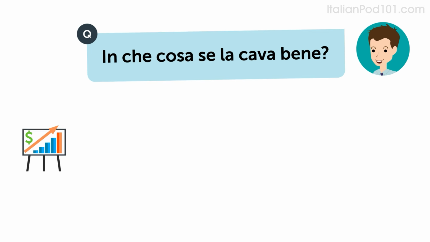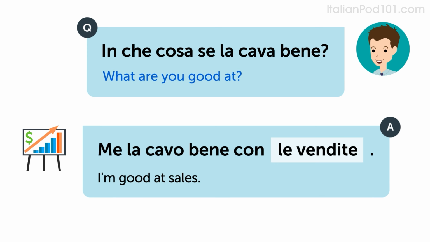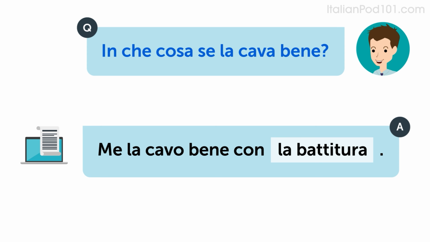Let's look at some examples. Listen and repeat or speak along with the native speakers. In che cosa se la cava bene? Me la cavo bene con le vendite. What are you good at? In che cosa se la cava bene? I'm good at sales. Me la cavo bene con le vendite. In che cosa se la cava bene? Me la cavo bene con la battitura.